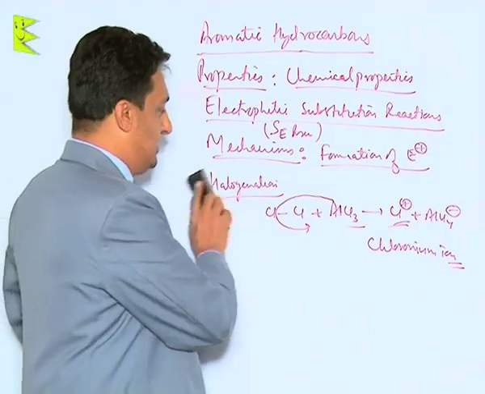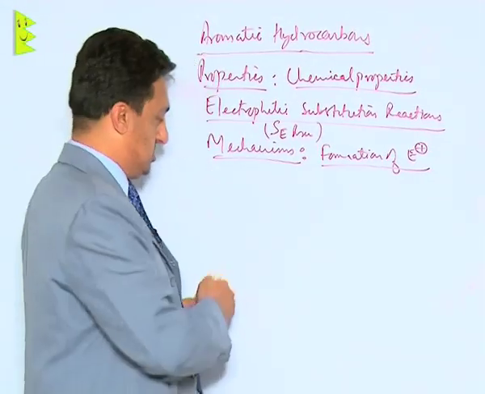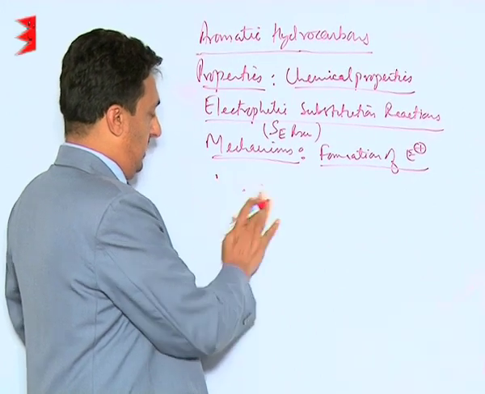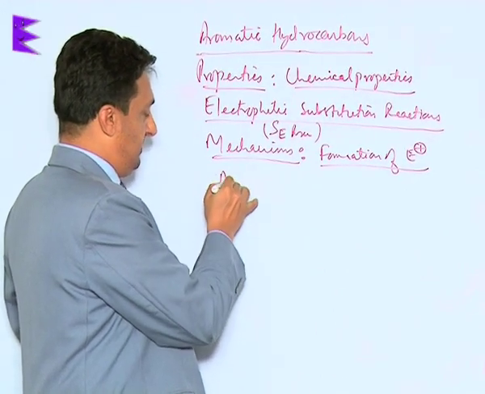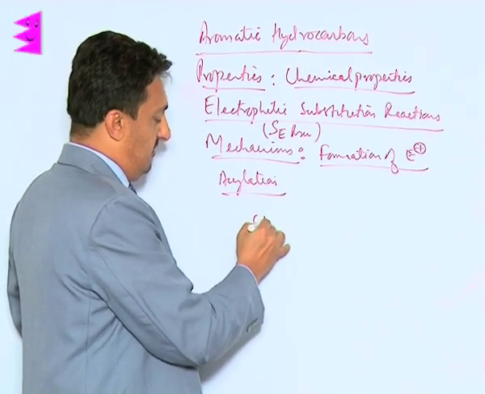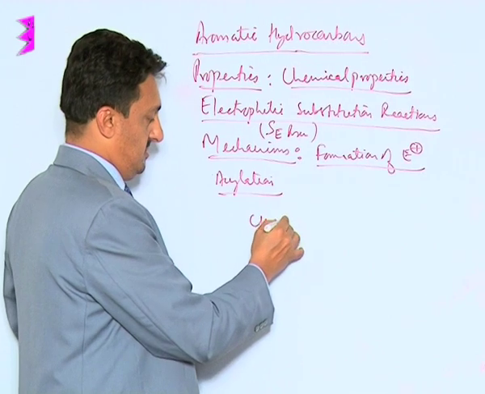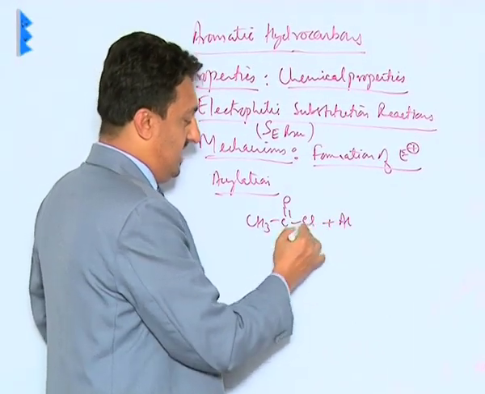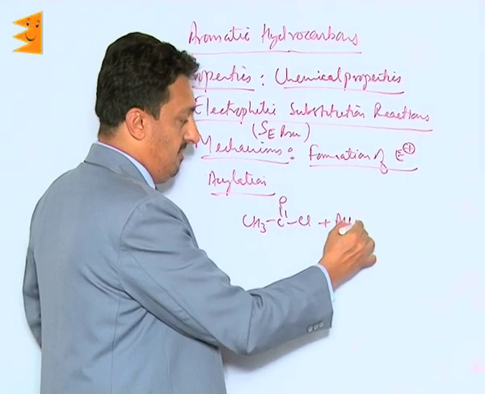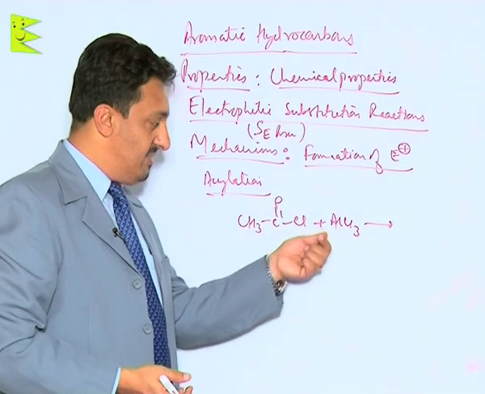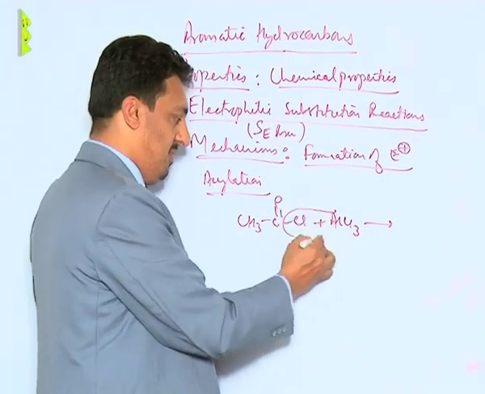Now let us take acylation. In case of acylation, we are taking acetyl chloride or any acyl chloride in the presence of aluminium chloride. This aluminium chloride is anhydrous, it is a Lewis acid, and it accepts this chlorine with the pair of electrons.